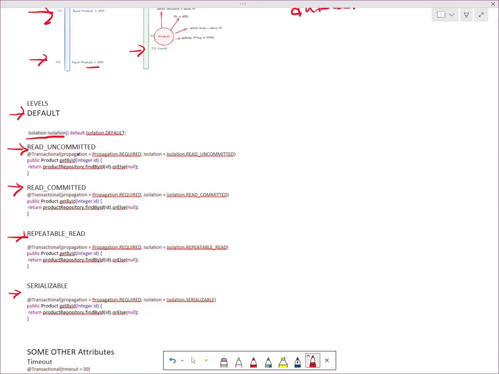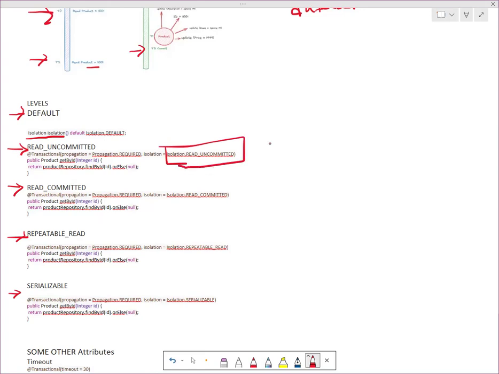Next is read uncommitted. Propagation I have explained in the part 3 video of transactional, just before this video, so you can read about propagation there. Here you can see that we have set isolation to read uncommitted.